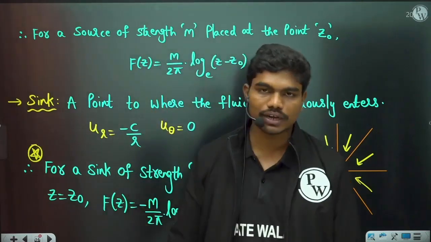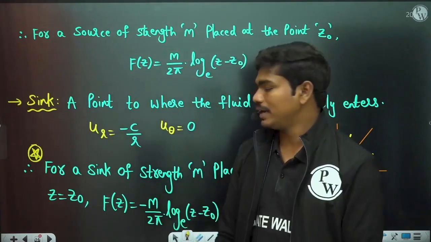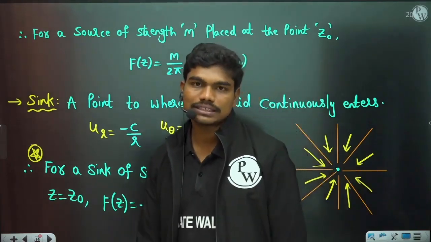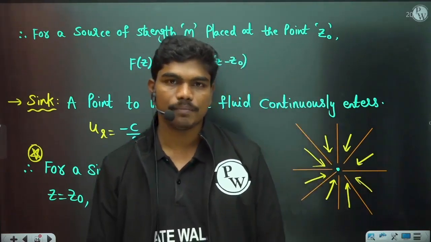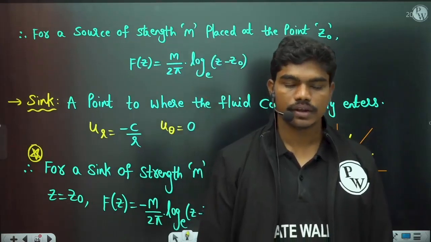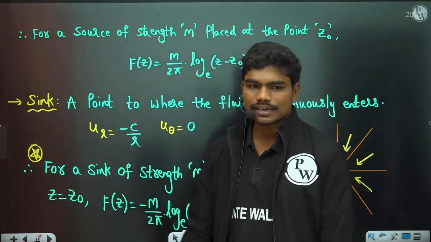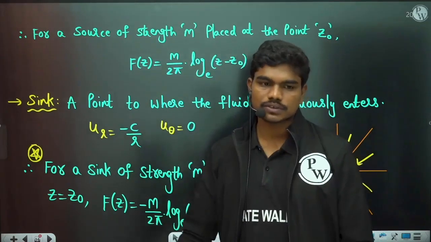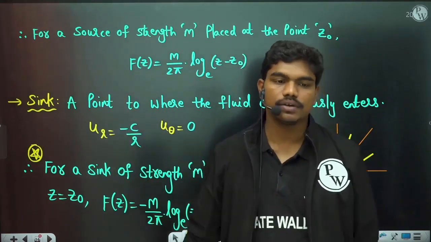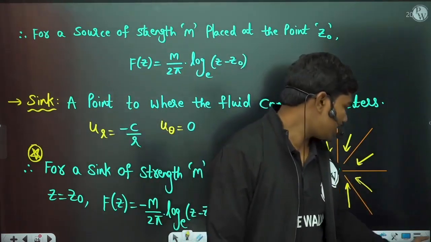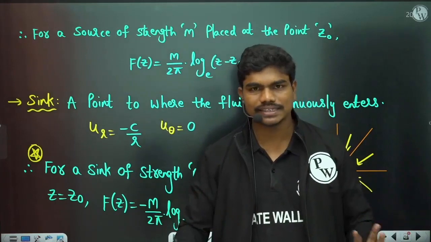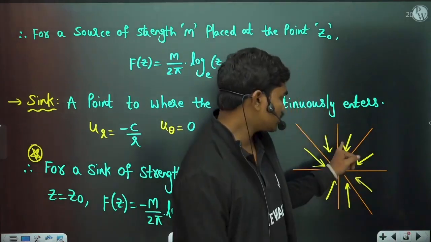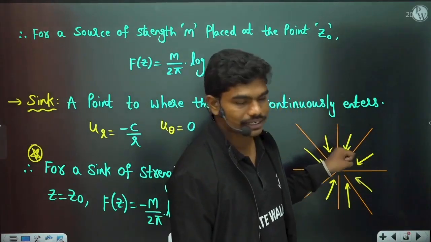So that minus sign will come till the end. Clear? Now the equipotential lines and streamlines, everything remains the same. The only thing is the streamlines, meaning the flow direction, is in the negative direction.